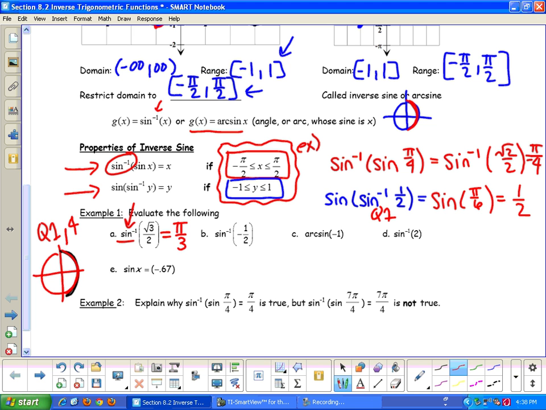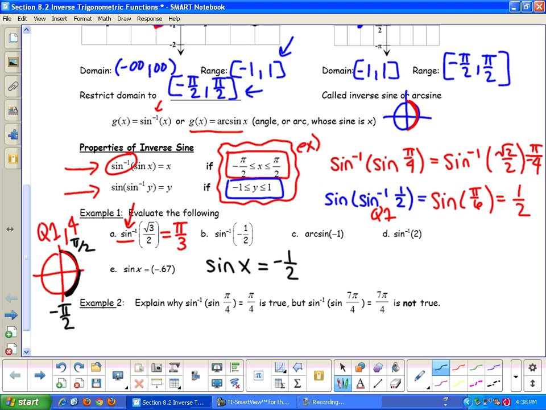Now the sine inverse of negative 1/2, if I think about this, is the sine of a negative angle. Where is the sine negative on my unit circle? My negative sine values are down here in quadrant 4. So I have to ask myself, the sine of what angle is going to be equal to negative 1/2 on my unit circle in quadrant 4? And remember, we're restricting our values from pi over 2 to negative pi over 2.